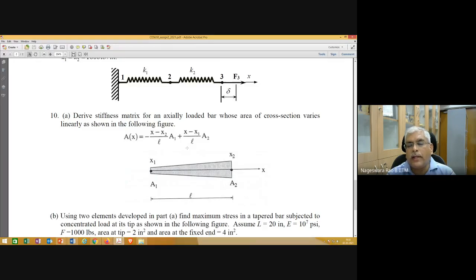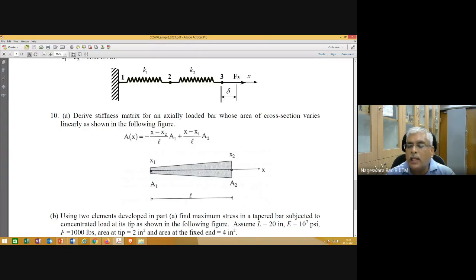Instead of linearly varying, you can have different types of variation, okay? If you happen to take a flight either at Chennai airport or some other airport, you can see the structural members, the compression members and tension members. They are going to have some kind of fancy shapes.